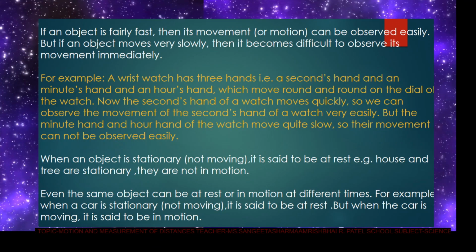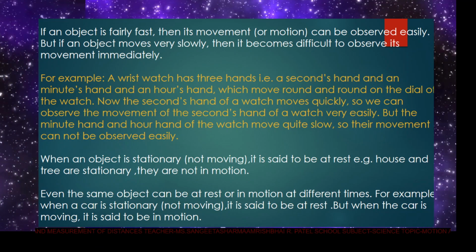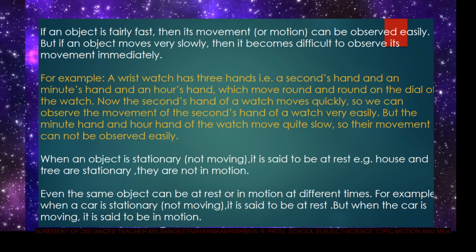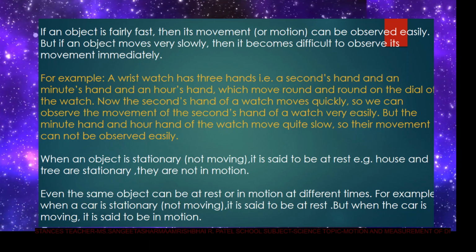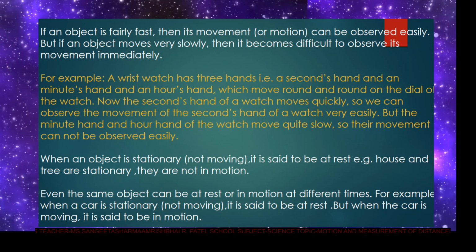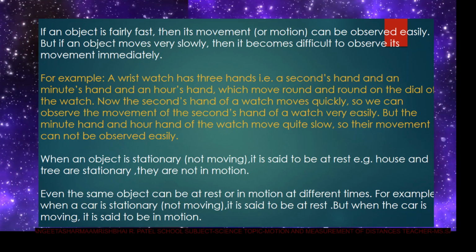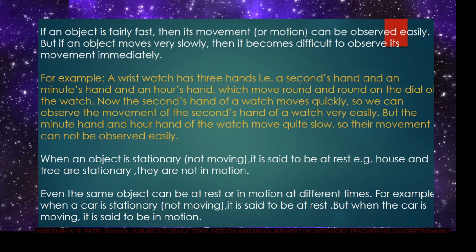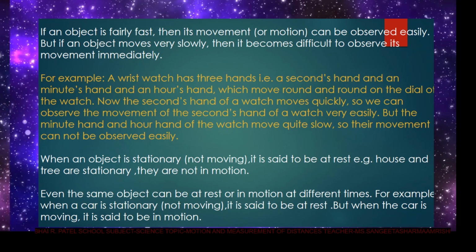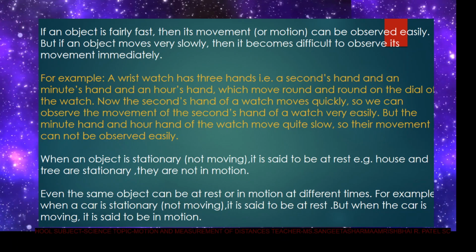If an object is fairly fast, then its movement or motion can be observed easily. But if an object moves very slowly, then it becomes difficult to observe its movement immediately. For example, a wristwatch has three hands. It may be a wristwatch or a wall clock, anything.